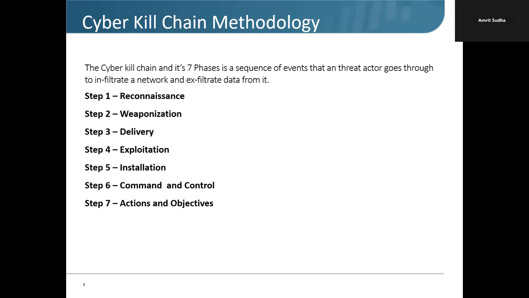First one will be reconnaissance. In reconnaissance, attackers carefully plan their attacks, just as burglars and thieves do. They research and identify your network and select targets in your enterprise network, or let's say your global network also.